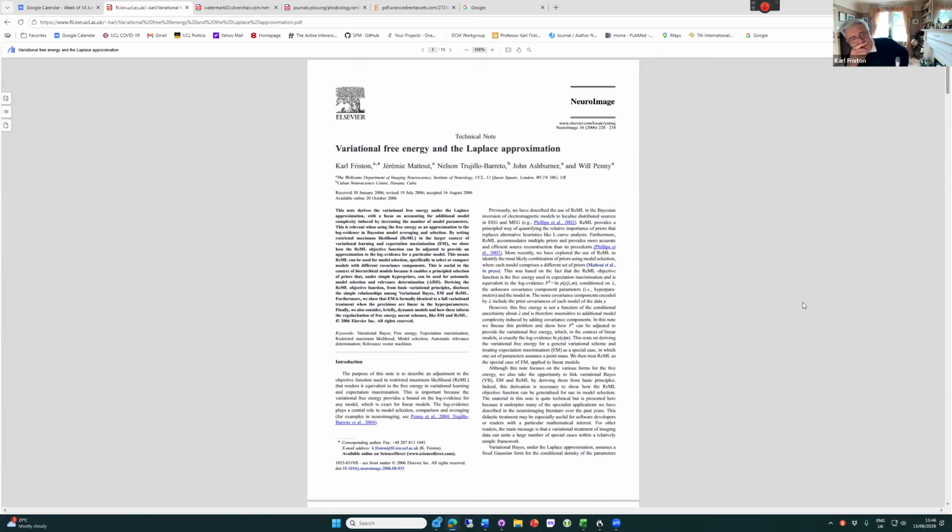Another gift of the second order approximation is that under the imperative of the maximum entropy principle, for example, the Gaussian distribution has the greatest entropy if you're just allowed to supply two sufficient statistics.